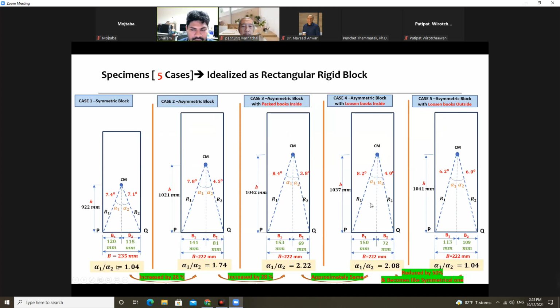So from symmetrical to asymmetric, the critical angle ratio is increased by 28%. But for the packed books inside, the angle ratio is almost the same. But if you put loose books outside, the critical angle ratio becomes almost 1. So it will become like a symmetrical specimen.